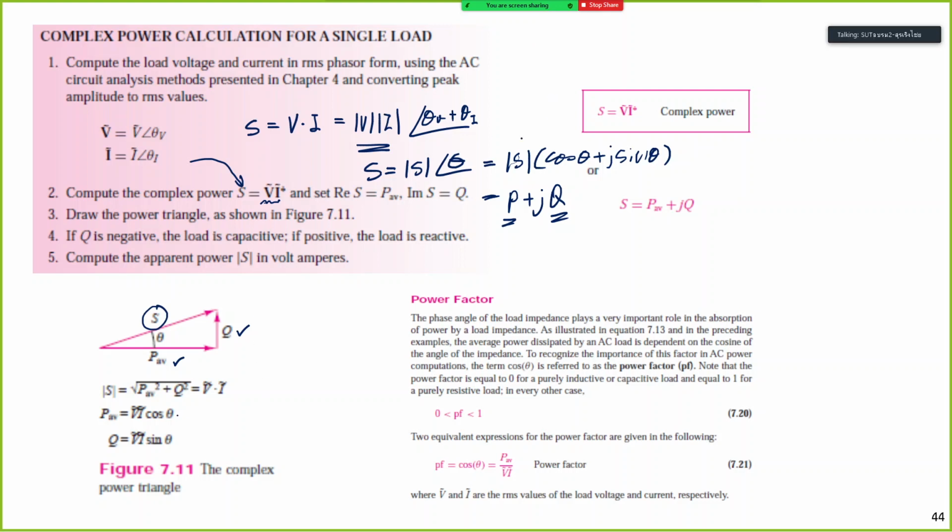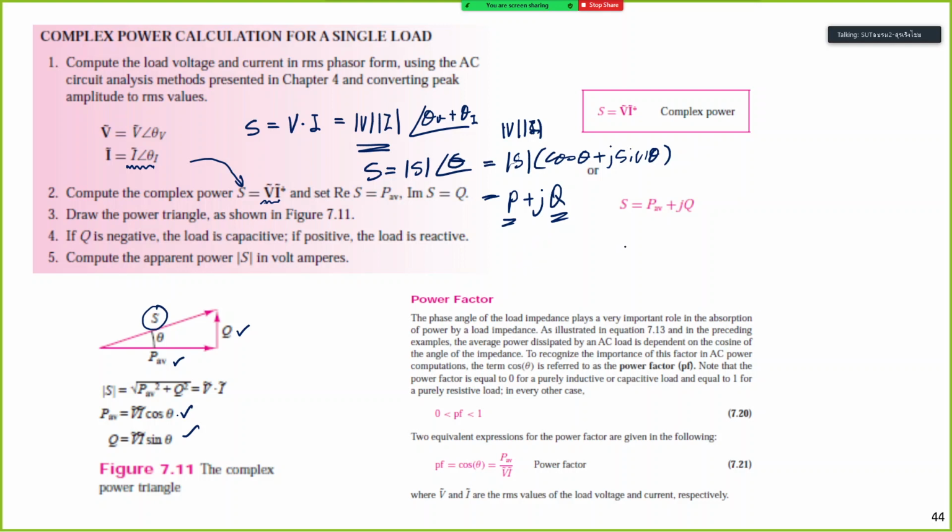So P is absolute V and absolute I times cos theta, and Q is here. But usually in common practice, we don't use the current directly from this relation when we compute the power, in order to represent the direction of the power correctly.